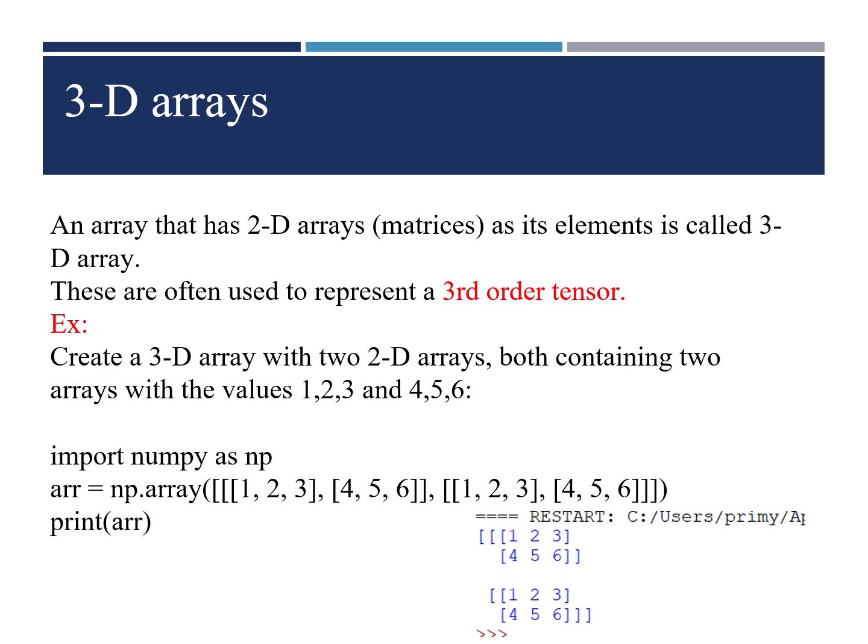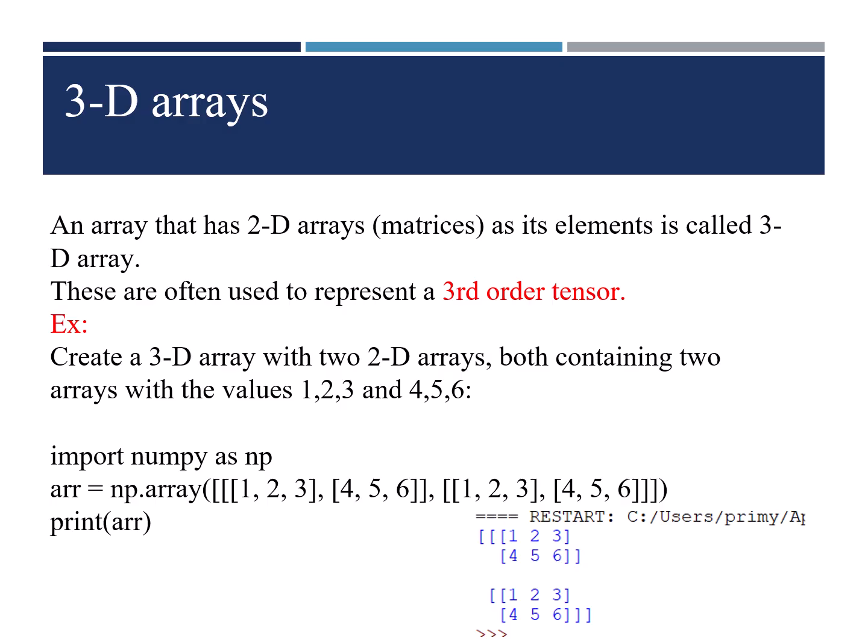Import numpy as np, arr equal to, a new variable name, equal to np dot array of, we will be having three opening square brackets where the values are 1, 2, 3, and one more square bracket 4, 5, 6, and two closing square brackets, comma, two opening square brackets 1, 2, 3, closing brackets, comma, opening brackets 4, 5, 6, and at the end three closing square brackets.